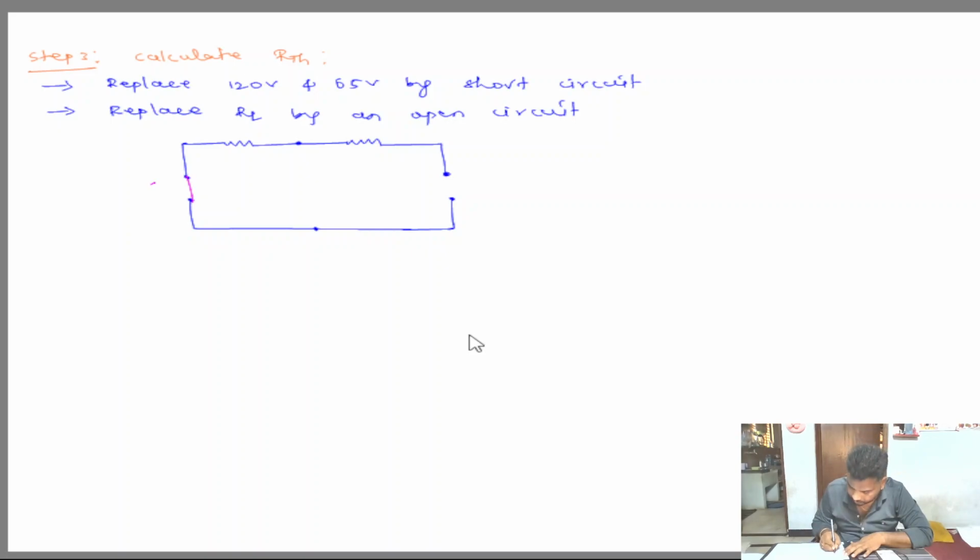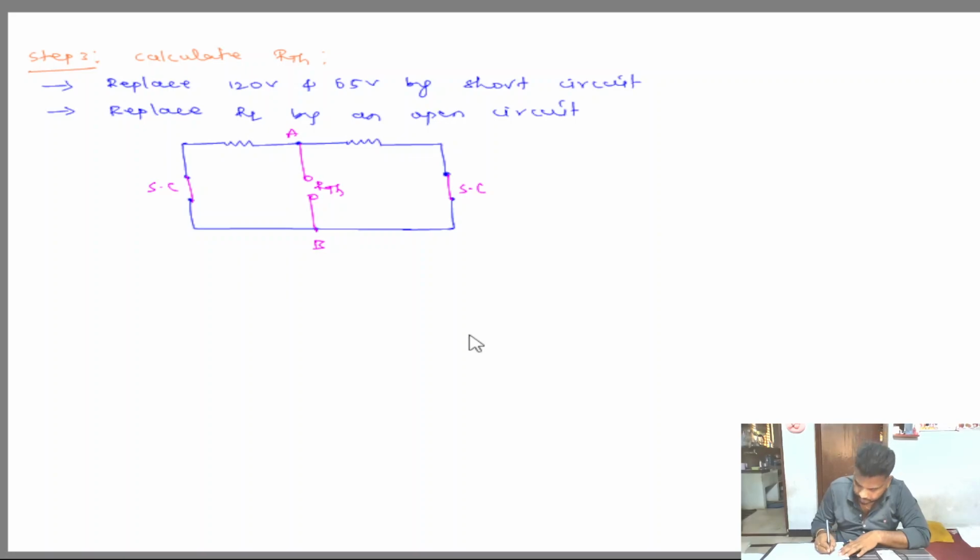Remember, this is short circuit and this one is also short circuit, two voltage sources. This is point A and this is B. In between these 2 points, we are finding RTH. Remember, it is very, very important to draw the modified circuit exactly.